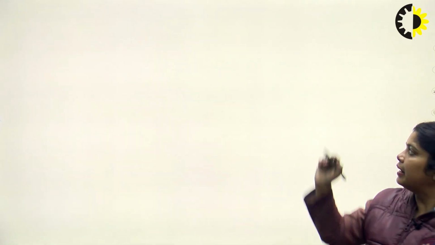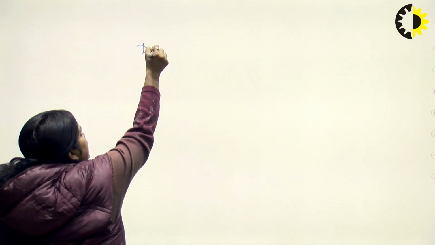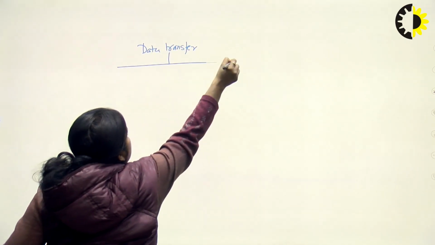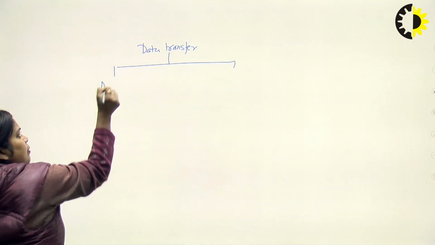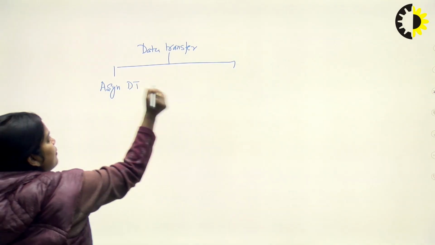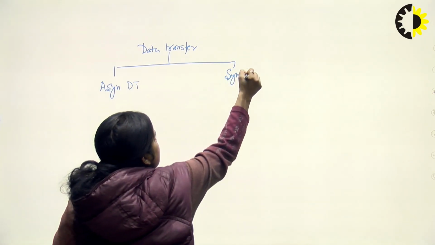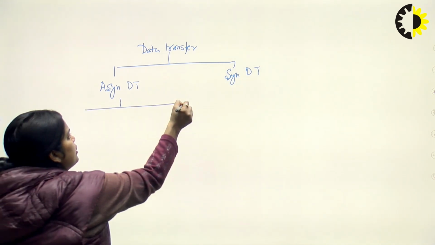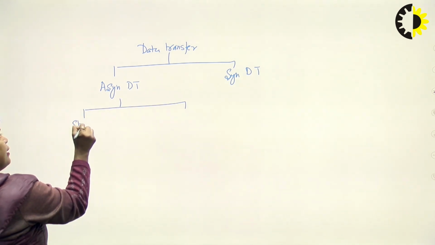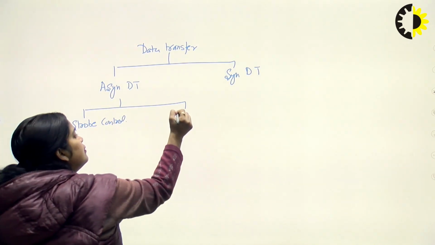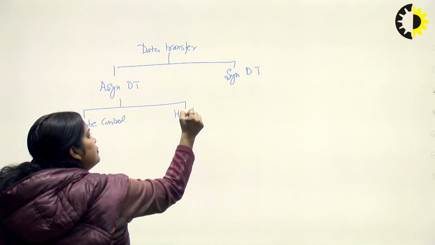So there is data transfer. Data transfer is again of two types, asynchronous data transfer and synchronous data transfer. Again, asynchronous is of two types, that is Strobe control and handshaking method.